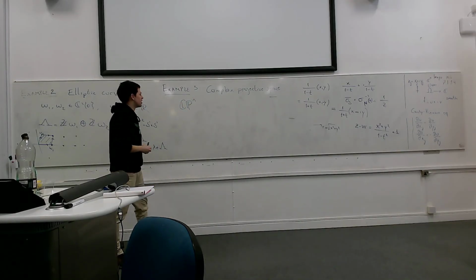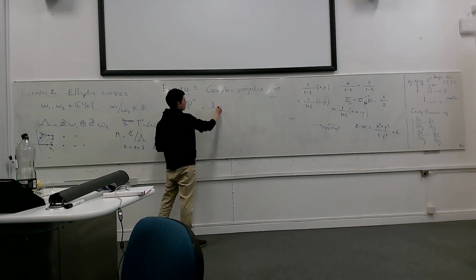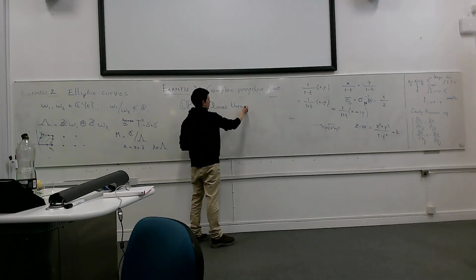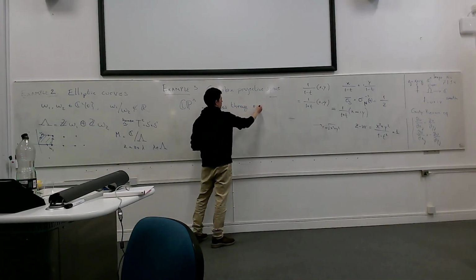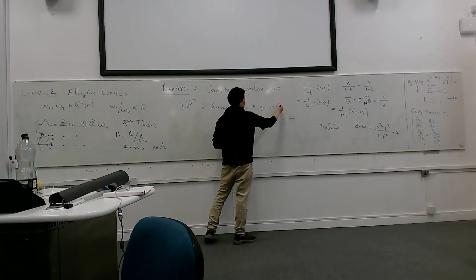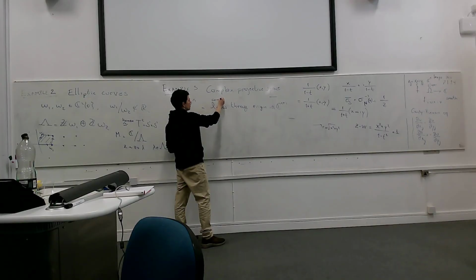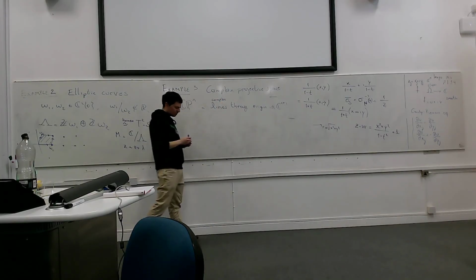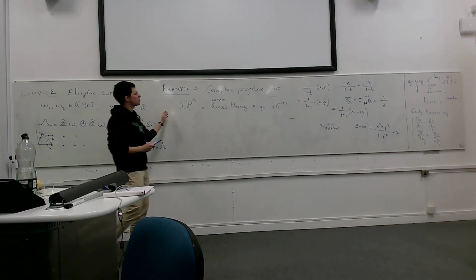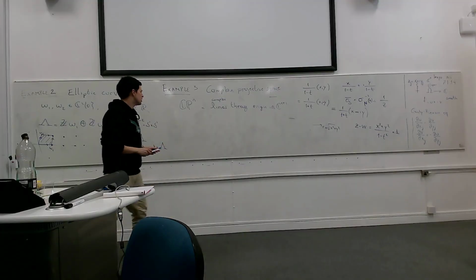As a set, this is the set of lines through the origin in C^(n+1). When I say line, I mean complex lines. So these are complex vector subspaces of C^(n+1) of dimension 1.